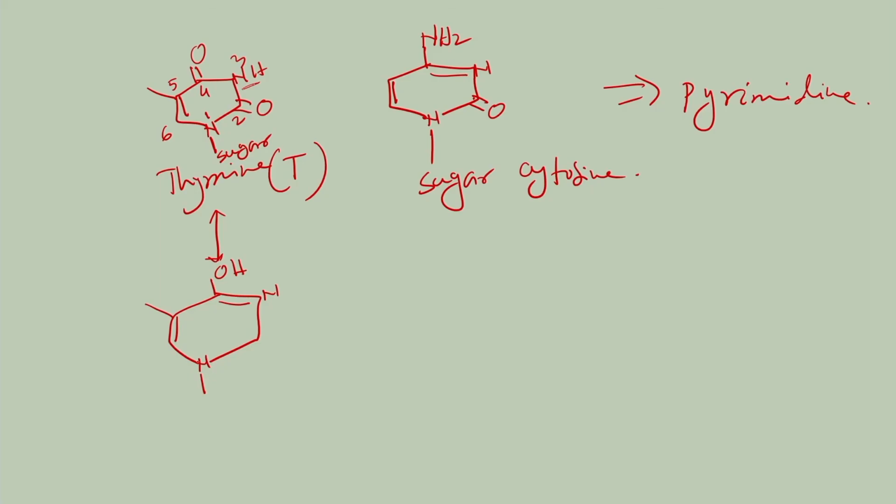In the free form, if you do not have sugar, then you have the enolate here as well. So, this is the free nucleobase form, this is the enolate structure, with 3 double bonds in a 6-membered ring. So, that makes it aromatic.